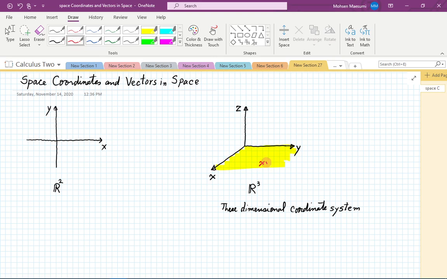So this is the XY plane, and then we have, of course, the YZ plane, and finally we have the XZ plane on this side.